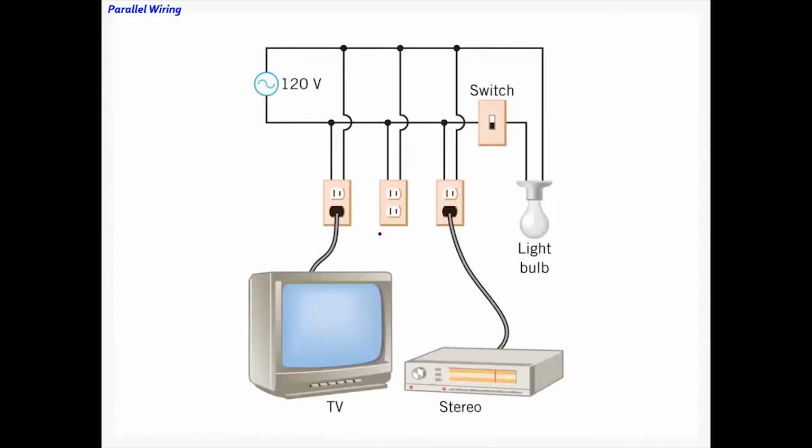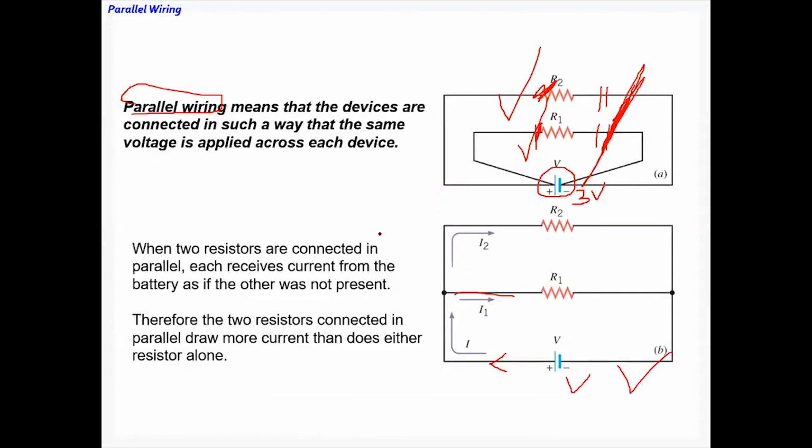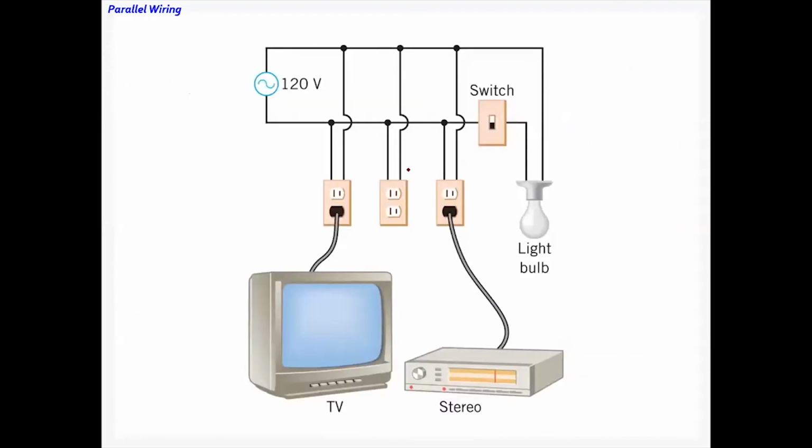So this is an example of parallel wiring in our house, right? In our house, you get parallel wiring. Otherwise, if you do not do parallel, then each device will not get the same voltage, right? So what is parallel? Parallel meaning devices are connected in such a way that the same voltage is applied to each device. Your device wants the same voltage, right? That's why you have to connect everything in parallel.